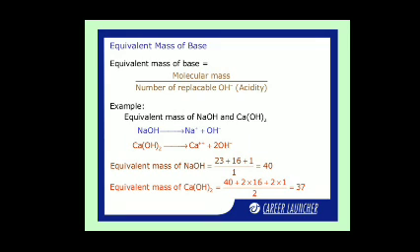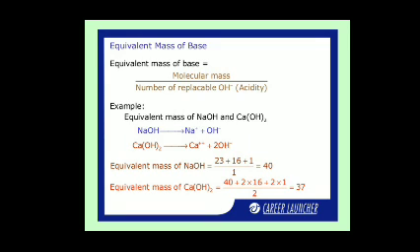Equivalent weight of calcium hydroxide: 1 calcium, 2 oxygens, 2 hydrogens are present. Calcium atomic weight 40, plus 2 into 1 hydrogen plus 2 into 16, by 2. 74 by 2, that is equal to 37.